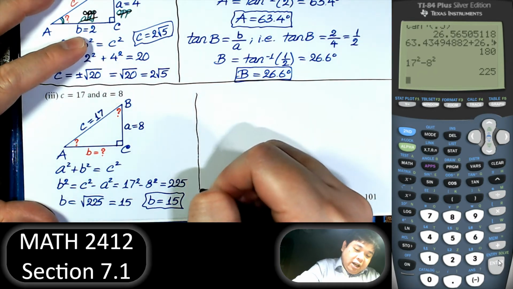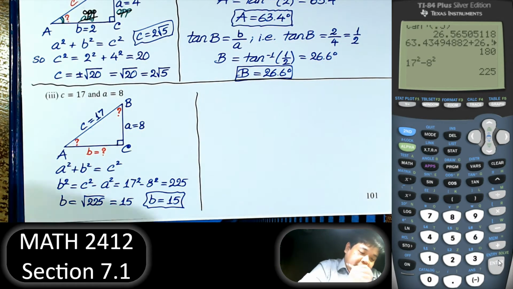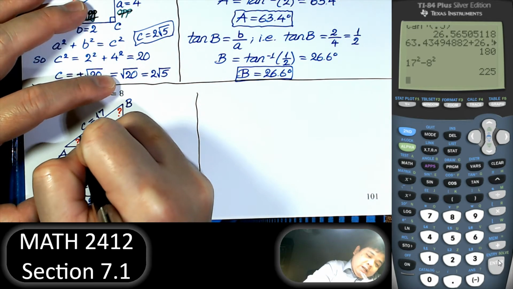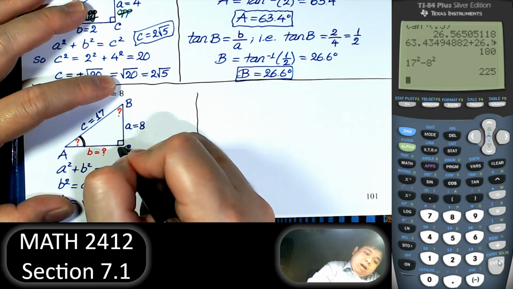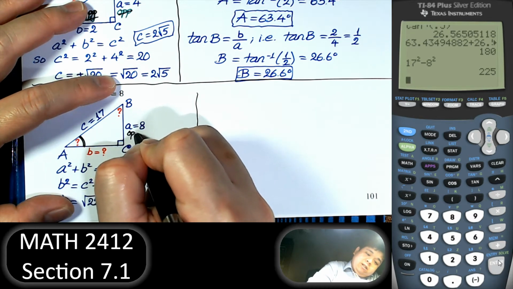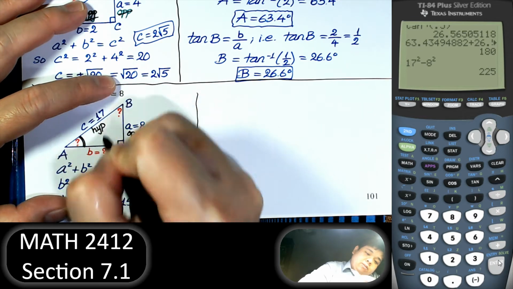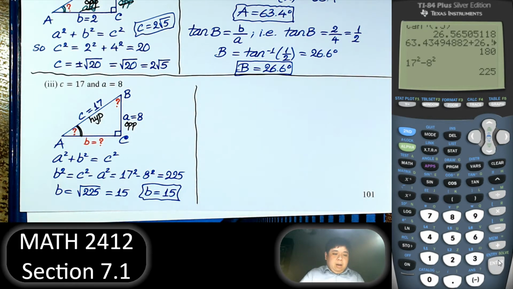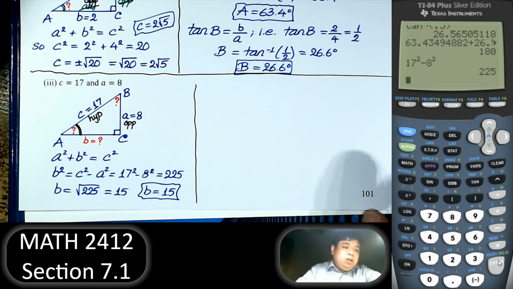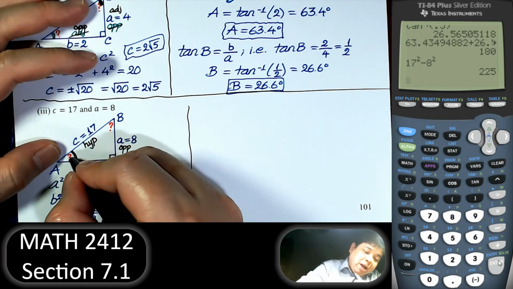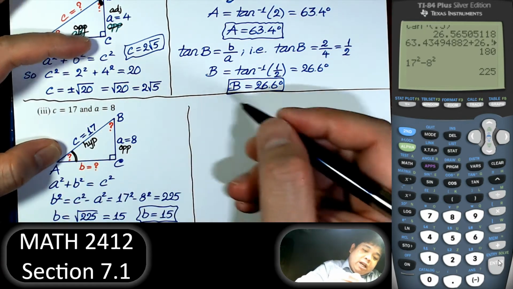Now we need the angles. Angle A. With respect to angle A, what do we have? We have the opposite and we have the hypotenuse. Of course, we can use b too, but I prefer to only use the given numbers. So with respect to angle A, we have opposite and hypotenuse.